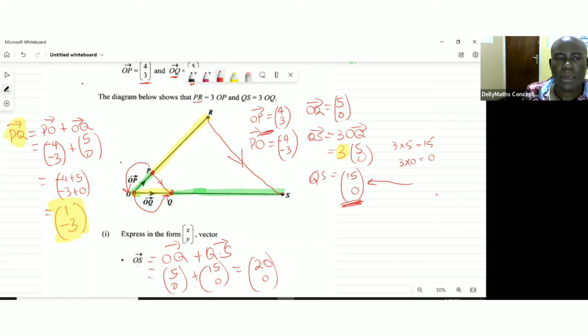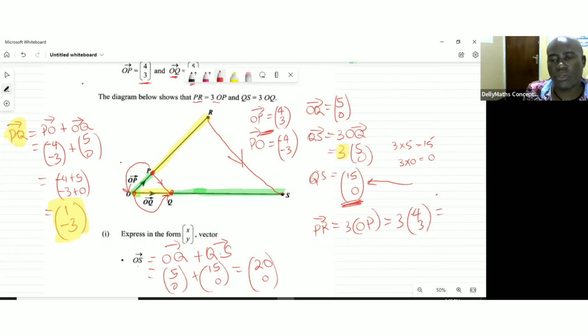Remember though, PR is 3 times OP. So let's find PR. PR is equal to 3 times OP, which is 3 times (4, 3).